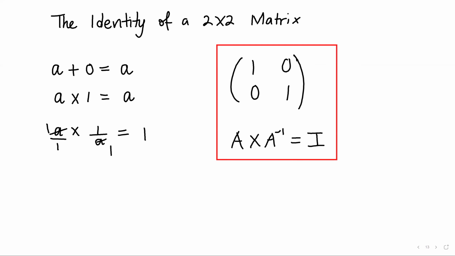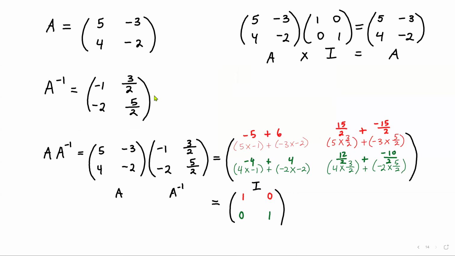Similarly, A times the identity is equal to A. So any matrix multiplied by the identity matrix will give you back the original matrix. Likewise, a matrix multiplied by its inverse will give you the identity matrix. And we proved that over here. So I showed you that A times the identity will just give you back A, and then A times A inverse will give you the identity matrix.